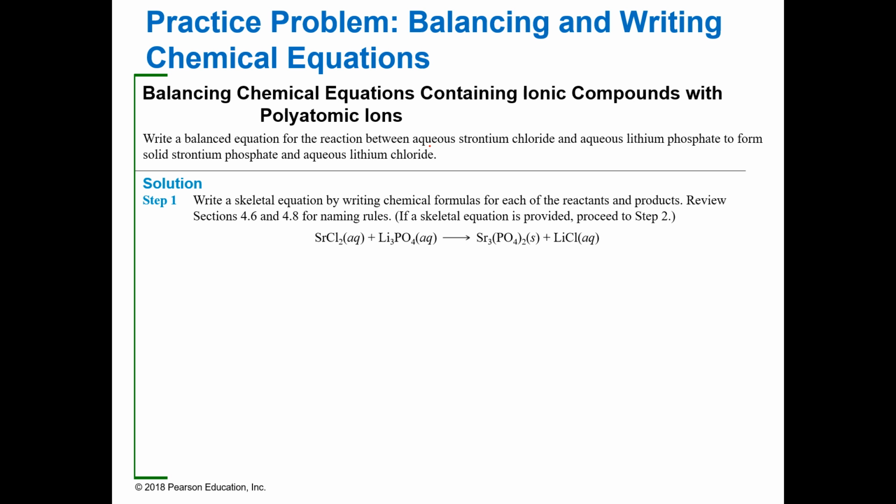So let's start here. Aqueous strontium chloride, that's this. And the AQ just means it's dissolved in water. And then aqueous lithium phosphate, okay, here, strontium phosphate, solid, and lithium chloride, aqueous.